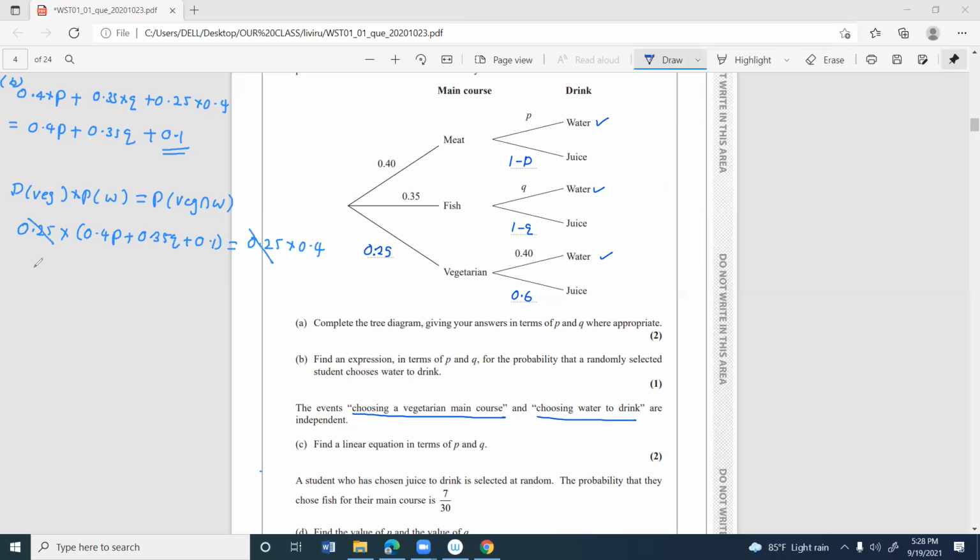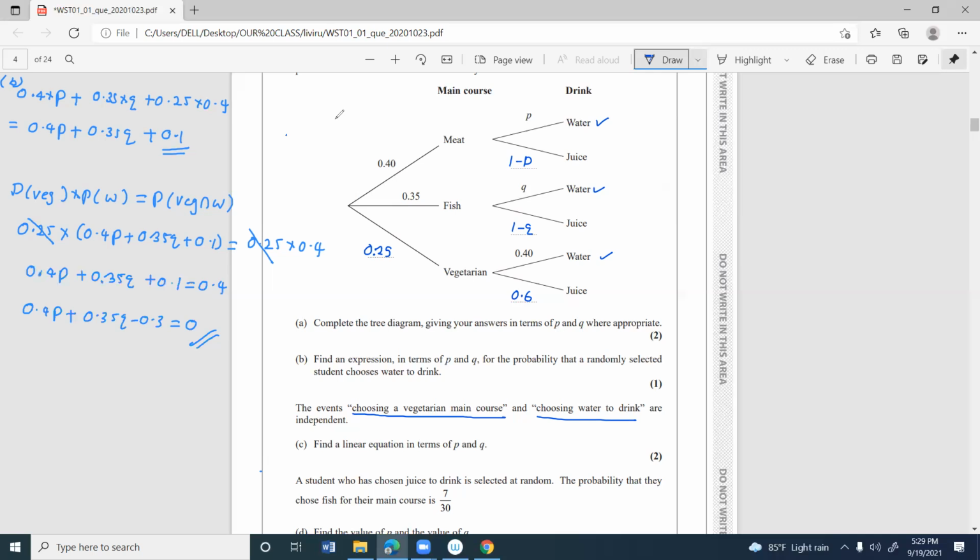So you get 0.4p plus 0.35q plus 0.1 equals 0.4. From here you get 0.4p plus 0.35q minus 0.3 is 0. This is one expression they want.